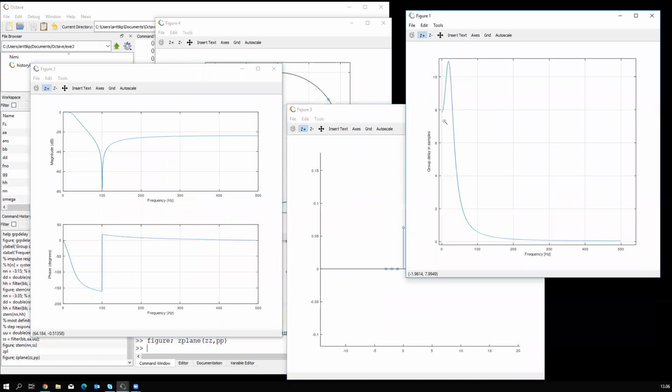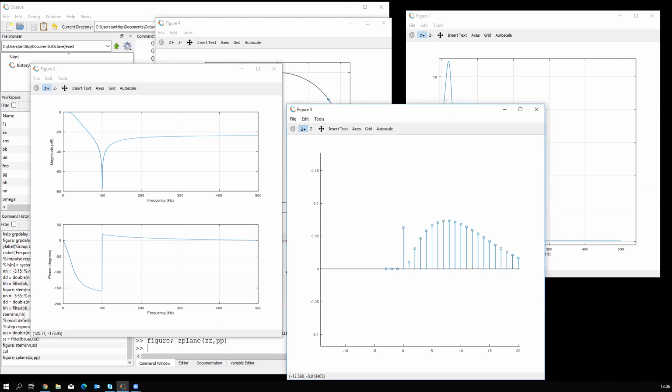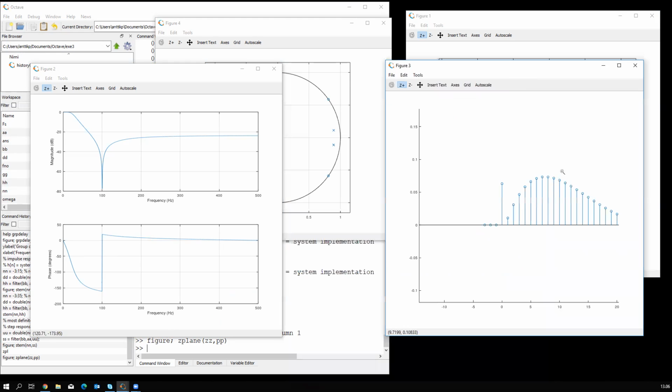Then calculated group delay to see that there is a delay from 8 to 11 milliseconds, since the sampling is 1000 Hertz, so 1 millisecond samples. So 8 to 11 milliseconds of delay variance on passband. Calculated the impulse response and also calculated the step response.